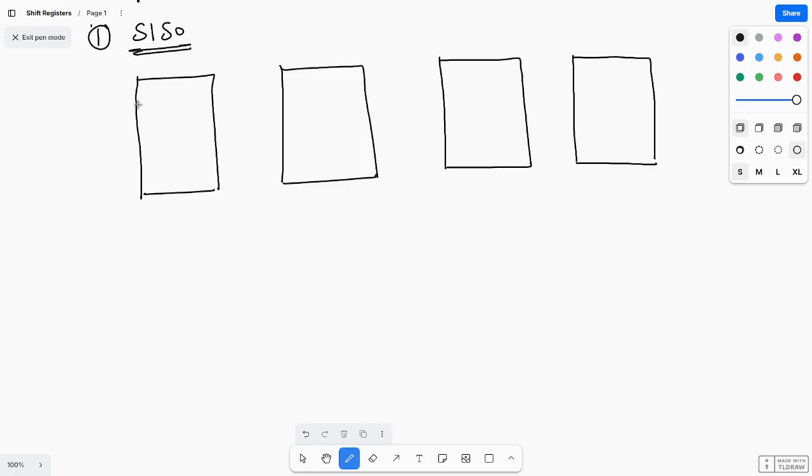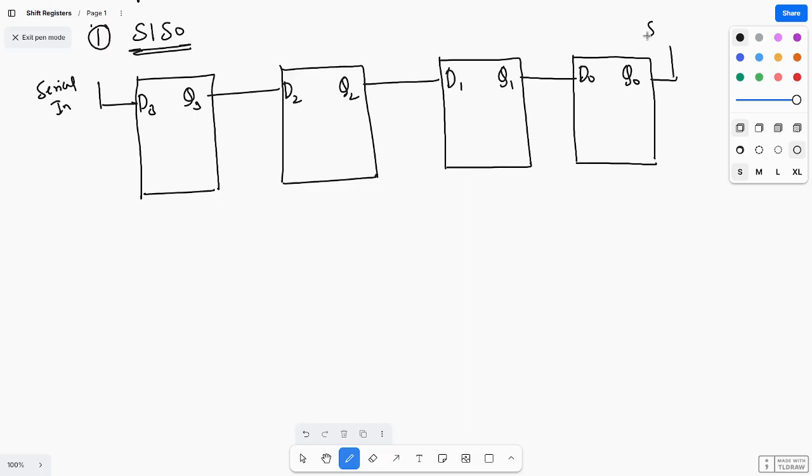So here D3, Q3, D2, Q2, D1, Q1, D0, Q0. It is connected like this, and this is serial in. We are inputting the data serially in, and this is serial out.